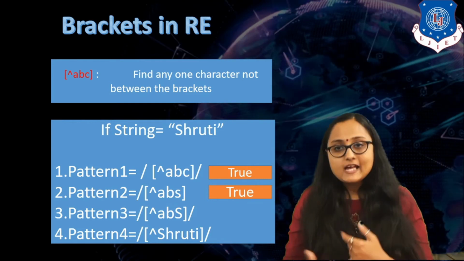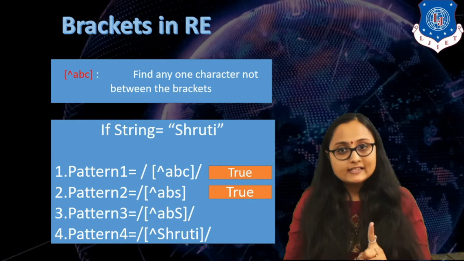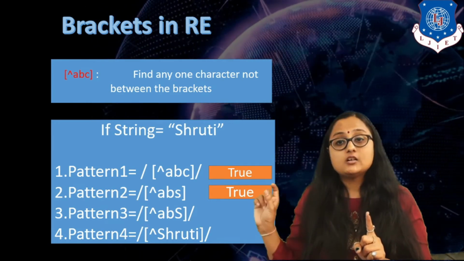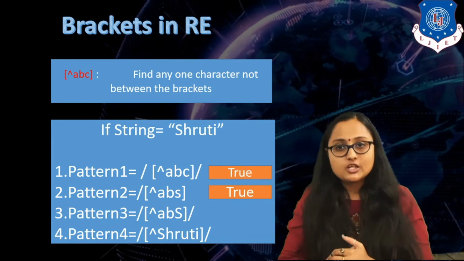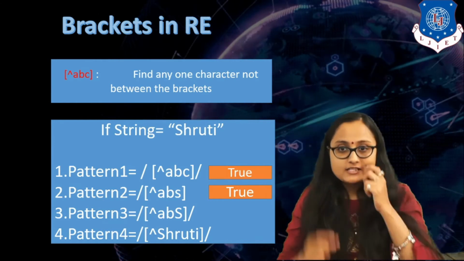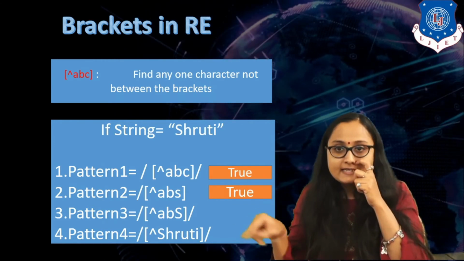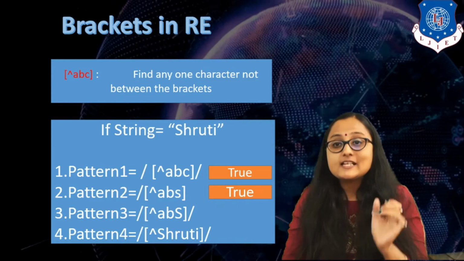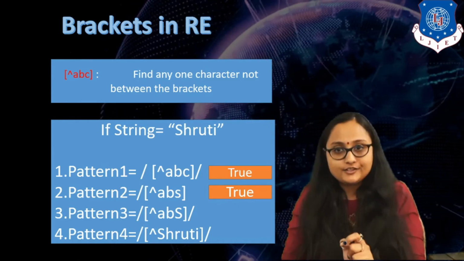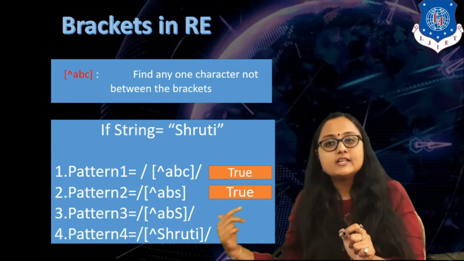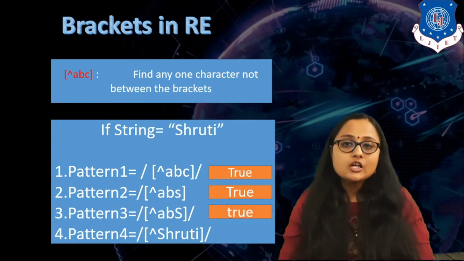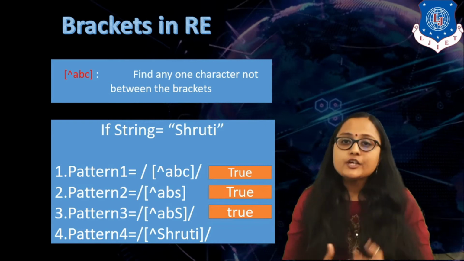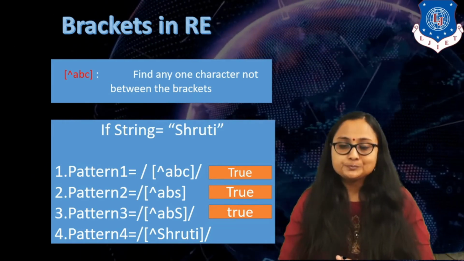So yes, I have encountered minimum one character which is not inside the bracket but present in the string. So it follows the pattern, that is not A, B and capital S, which indicates there should be minimum one character apart from these three characters. So again my string according to this pattern, if I call the test method, is true.